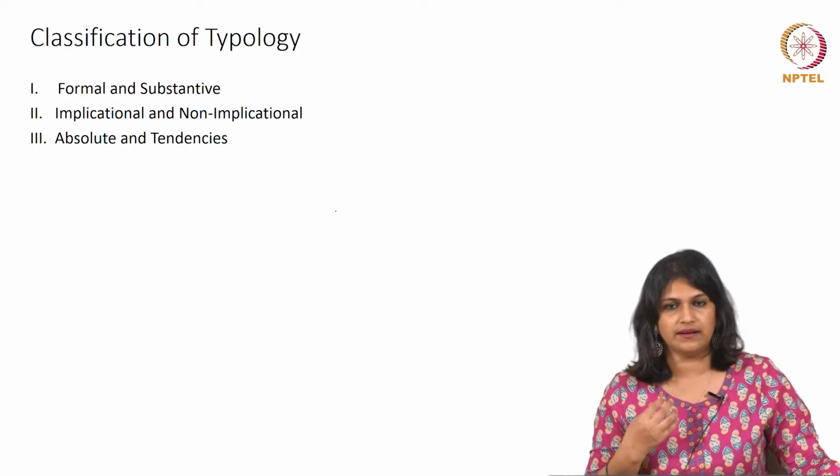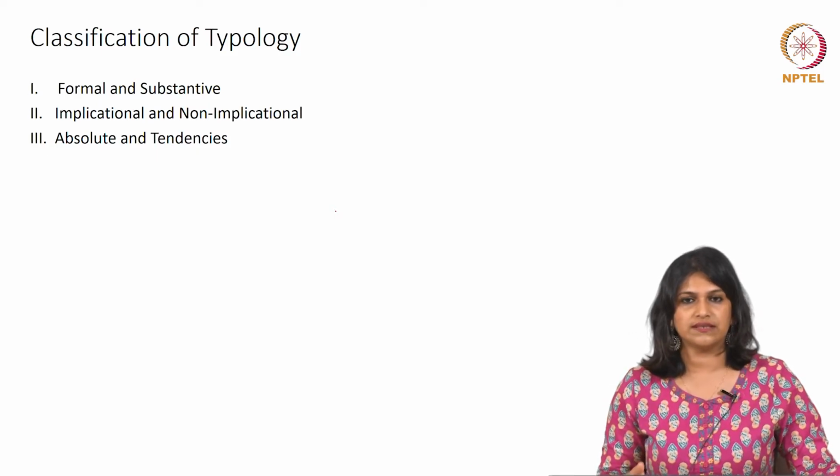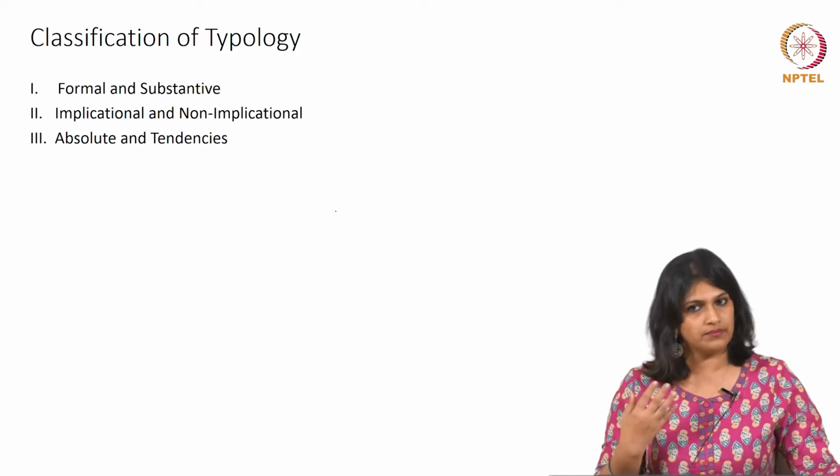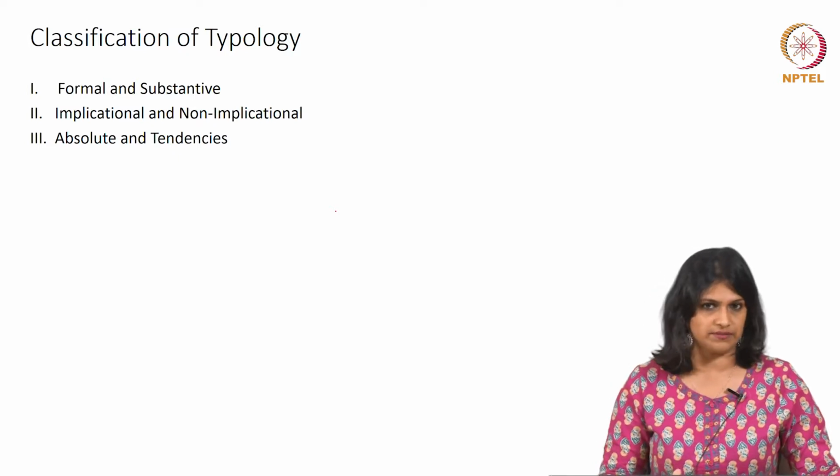If a child is able to acquire complex constructions at a very young age, does it say anything about the universal features of the language?